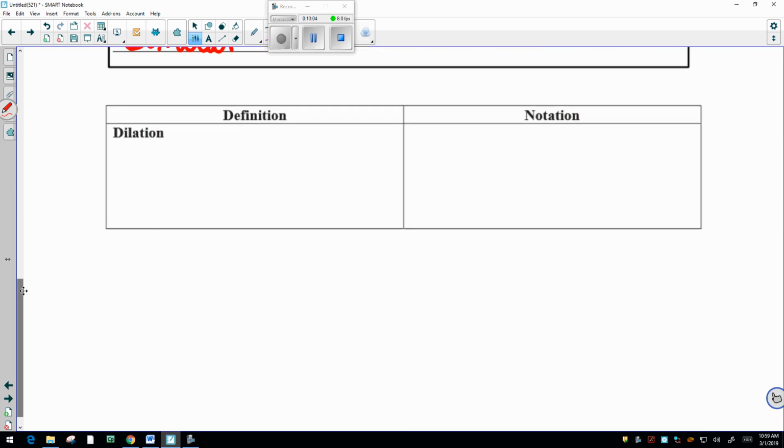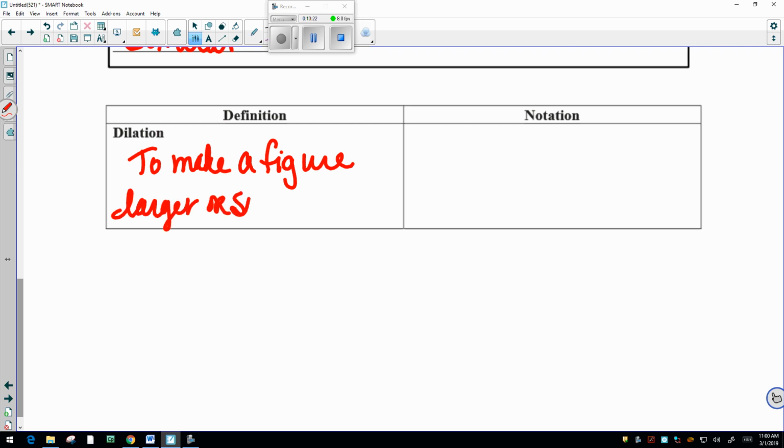Okay. And then a technical definition, just so that we know maybe what's going on in our technical notation. A dilation really is just to make a shape or a figure either larger or smaller. Okay. And our notation. So for dilation, we're going to have a capital D, and then you get a little number underneath.